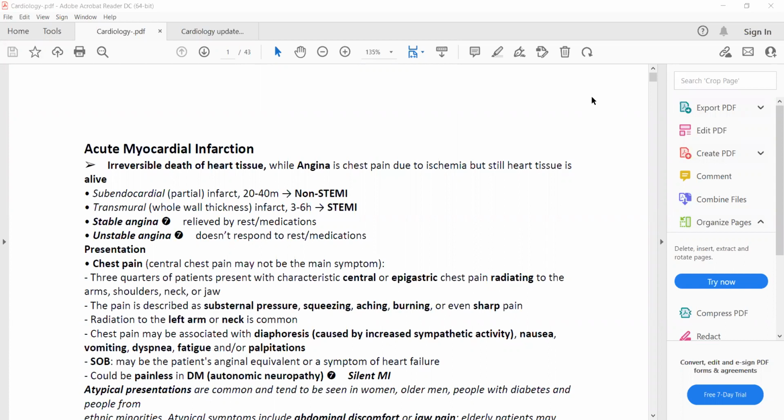So the main presenting complaint for acute coronary syndrome is central chest pain, which may be described as substernal pressure, squeezing, aching, burning, or sharp pain.